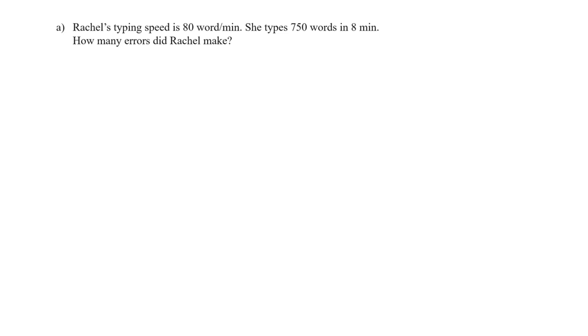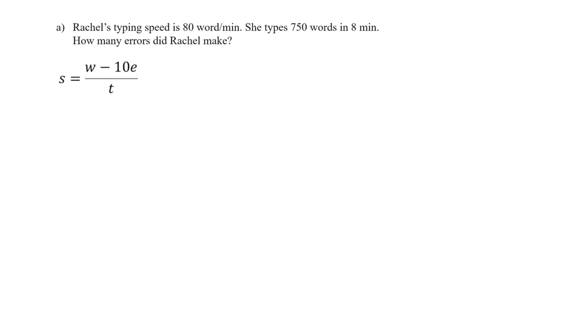The next part of our question, we're actually given the typing speed, we're given the number of words that Rachel's typed, and we were given the time that Rachel typed these 750 words in. What we're not told is the number of errors she's made.